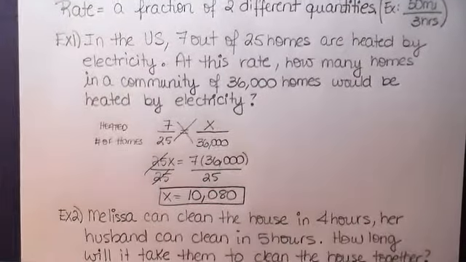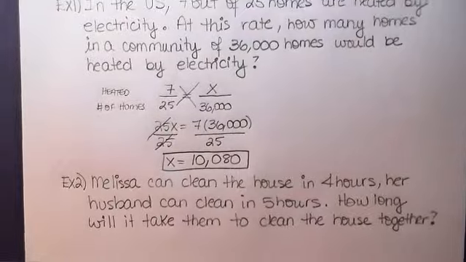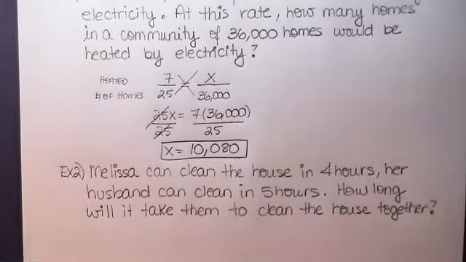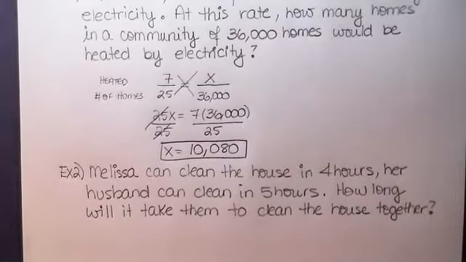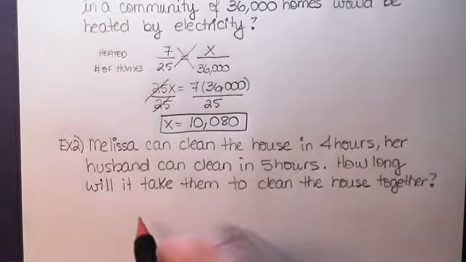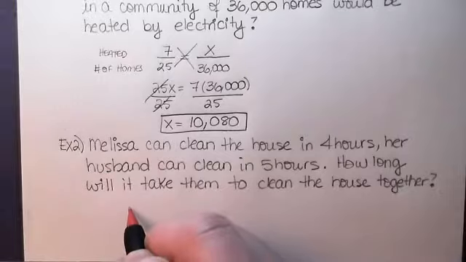Alright. Now let's look at another example here. Example number 2. Melissa can clean the house in 4 hours. Her husband can clean in 5 hours. How long will it take to clean the house together? Basically, in this problem, we're talking about the speed or how fast somebody can clean a house.